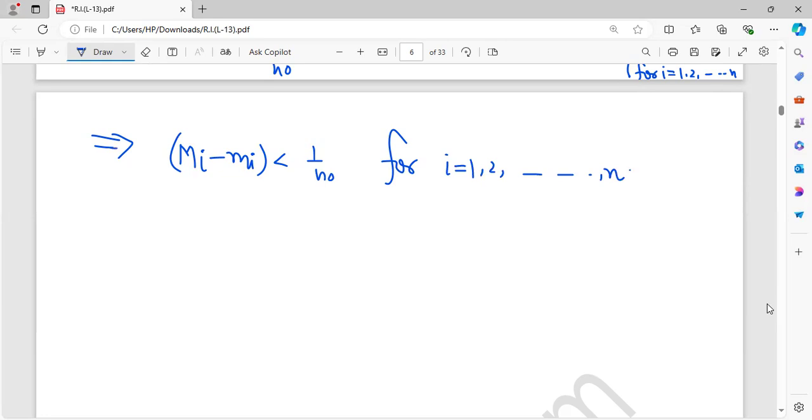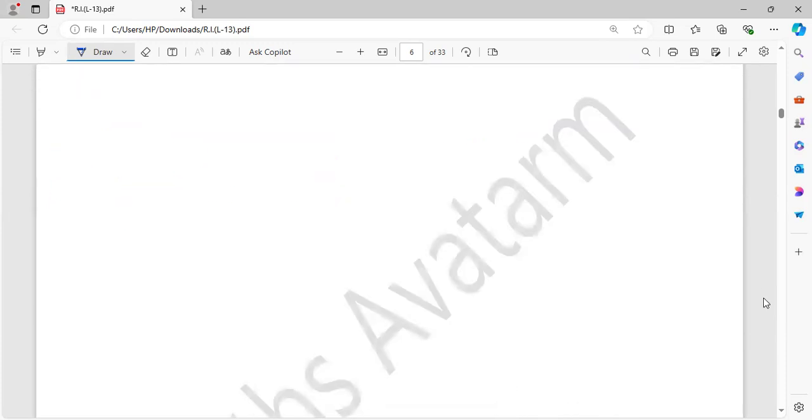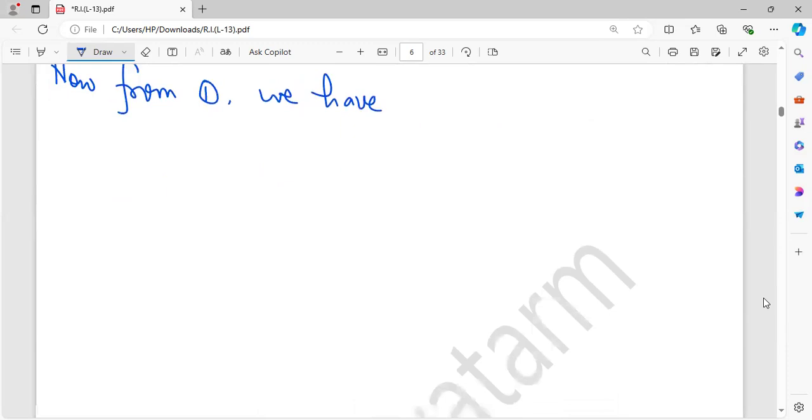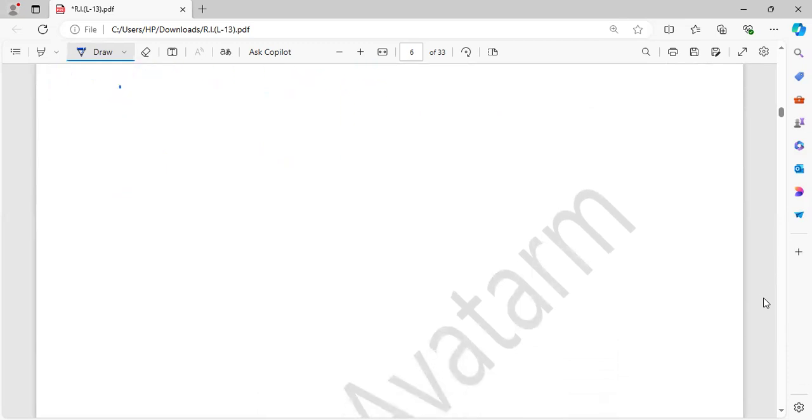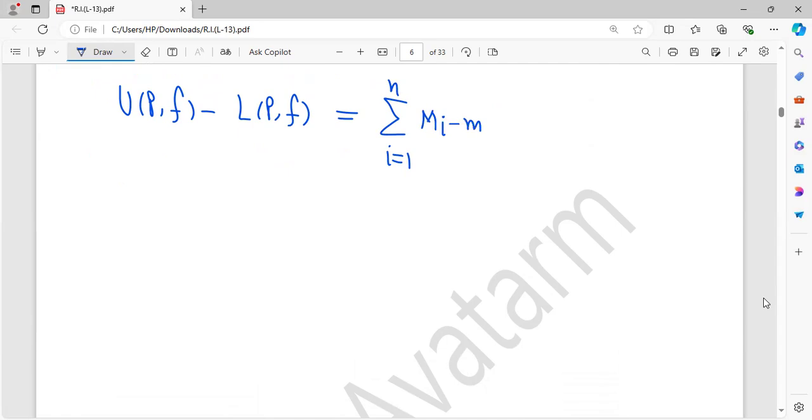Now from 1 we have UPF minus LPF is equal to the summation, i goes from 1 to n, of capital Mi minus small mi, times delta xi.